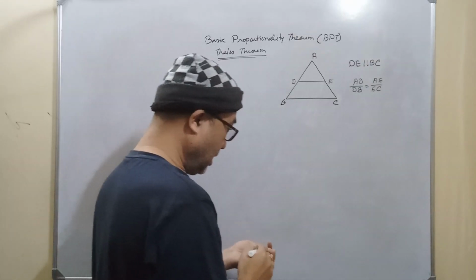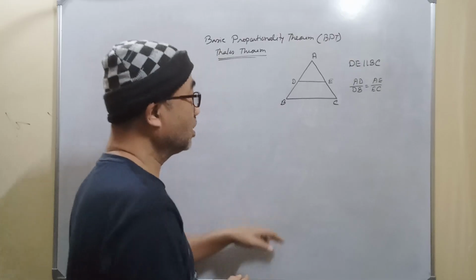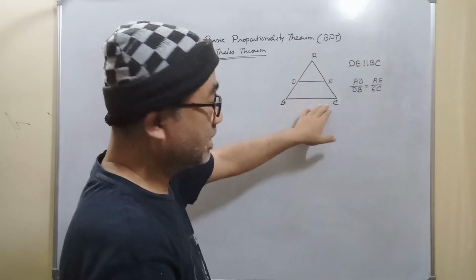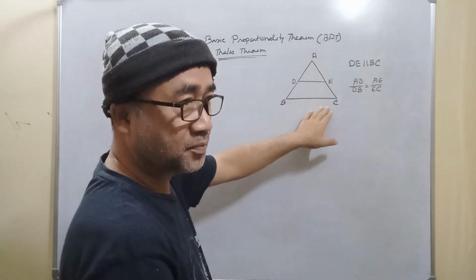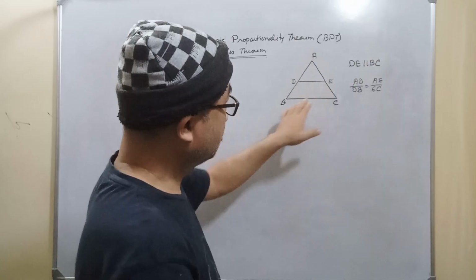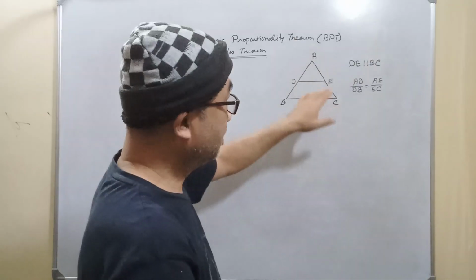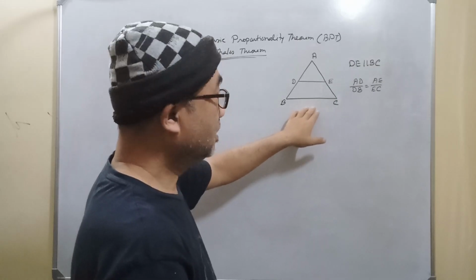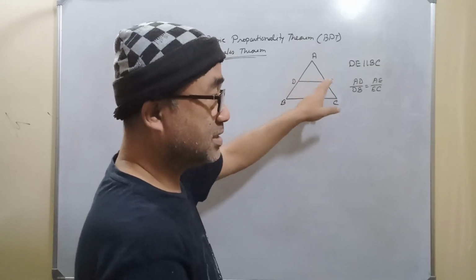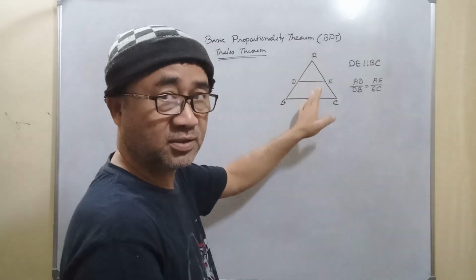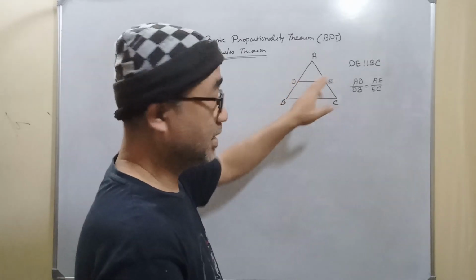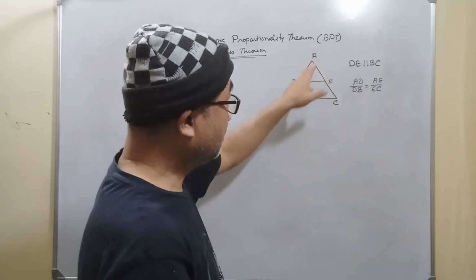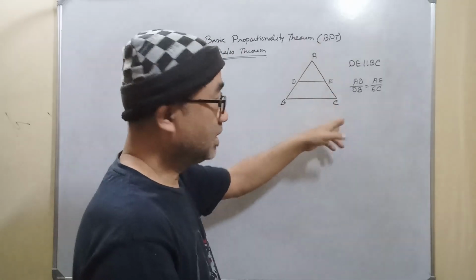If a line is drawn parallel to any one side of a triangle, DE is drawn parallel to BC. If a line is drawn parallel to any one side of a triangle and it intersects the other two sides at distinct points like D and E, then it will divide the two lines in the same ratio.